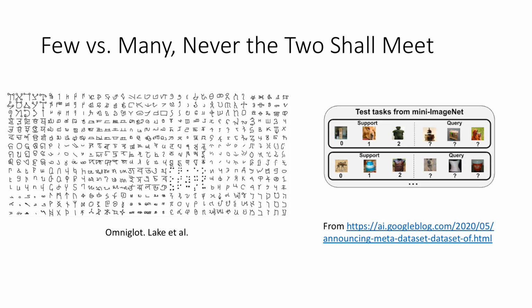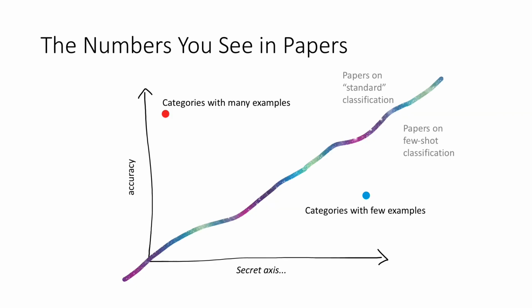It was also against the notion of learning systems that are robust to the data abundant spectrum. Of course, a model and learning algorithm should work well when given little data, but it should also work well when given lots of data. It was difficult to understand if models and algorithms were in fact robust to data abundance because the research world was fractured into two camps. In Camp 1, in the upper left of this figure, which I'll call papers on the standard classification setup, you'd see results on standard data sets for which all classes have lots of training data.